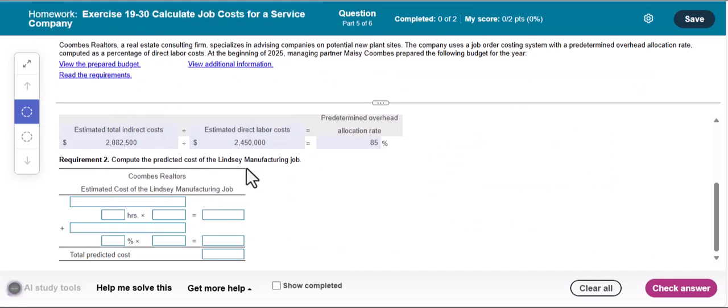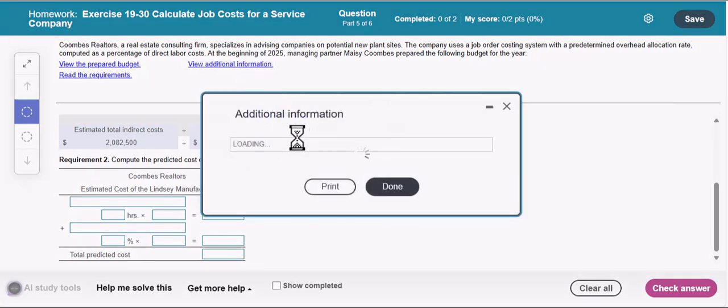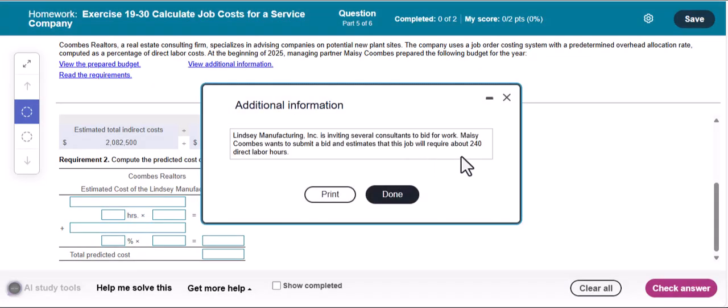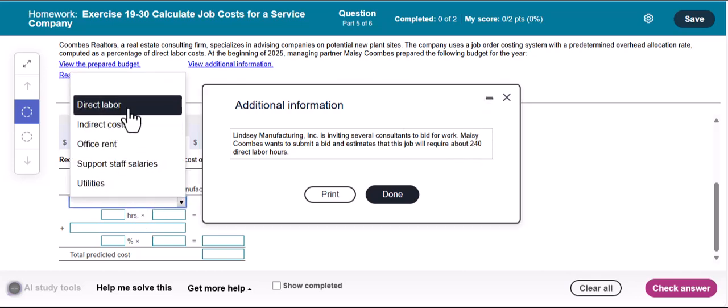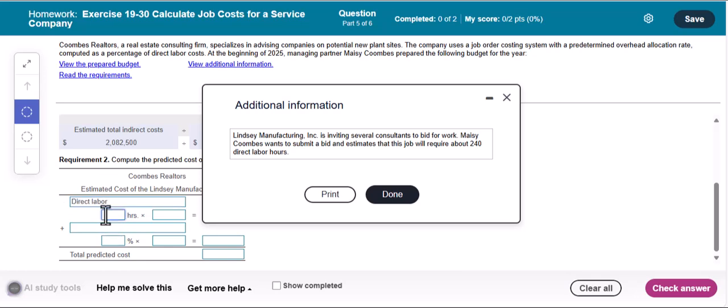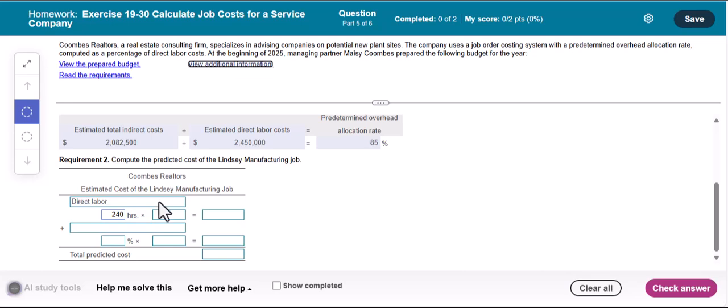Okay. So requirement 2, we're going to compute the predicted cost of the Lindsay manufacturing job. So we have to figure out the total cost of this job, and now remember, this job, we think, and some additional information, is going to require about 240 direct labor hours. So we'll input direct labor here first, and then 240 hours, so we're given that number here.